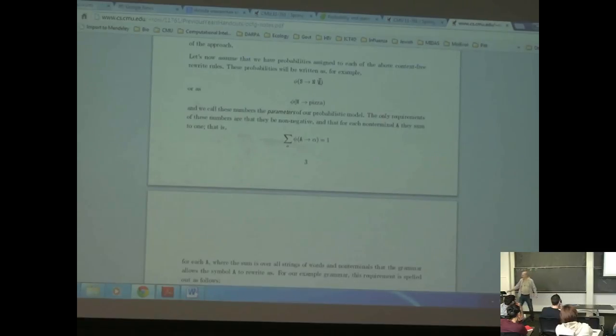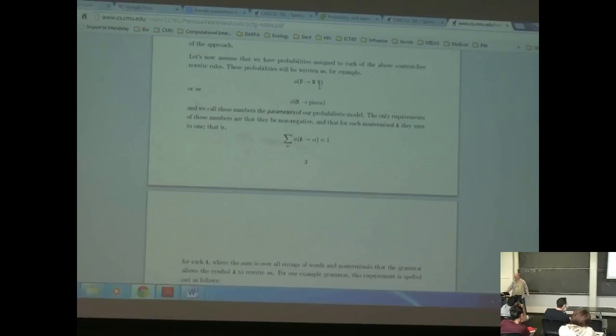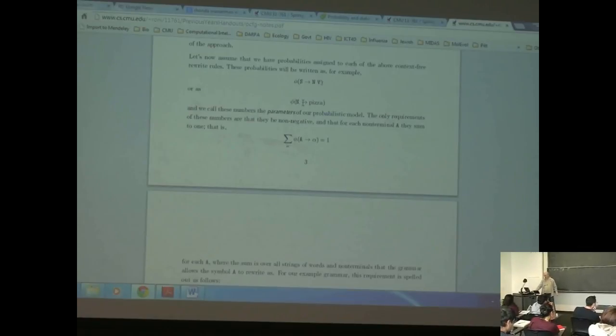So here's an example of each one. This is from one non-terminal to two non-terminals, and here's from one non-terminal to a terminal or a word. And it has to be a true probability, so all the transitions out of A, whether they're of this type or of this type, must sum to 1. Alpha is the general symbol for anything that comes out of a production.